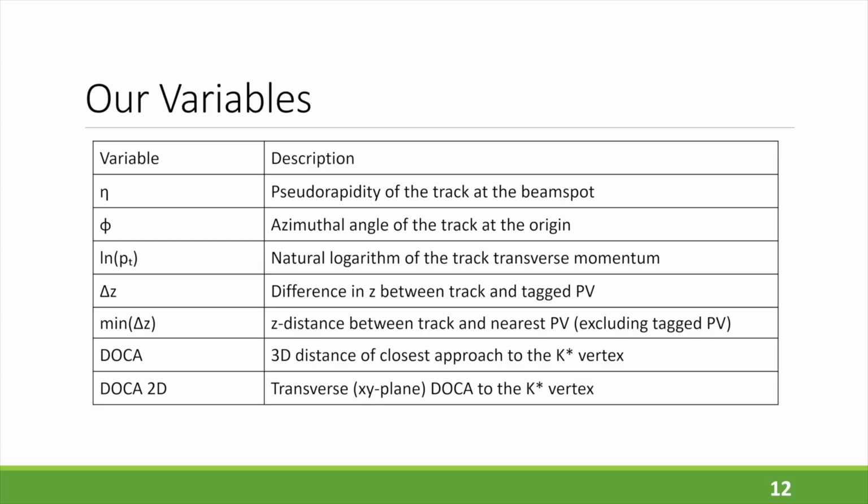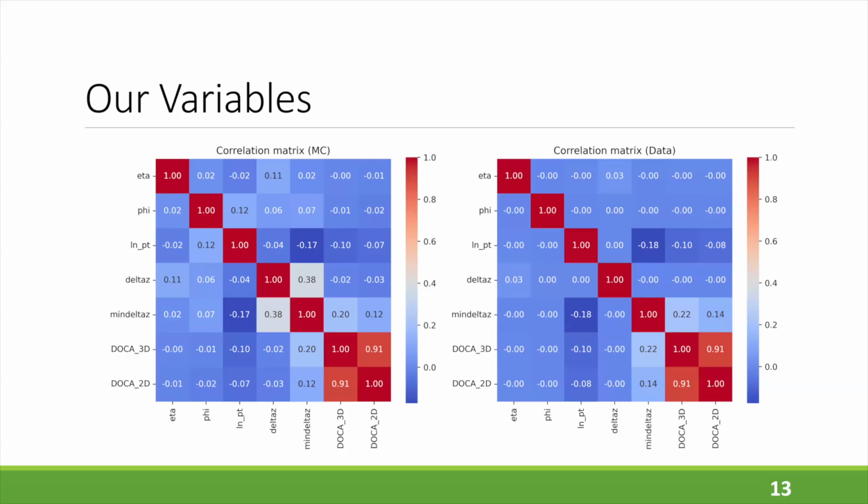So why did we choose these parameters? Because this set was used in a previous study. So we decided not to change the choice, but it was necessary to check the optimality of these parameters. We built a correlation matrix of these parameters, and we see that only DCA 3D is correlated with DCA 2D, and therefore only one of these quantities will actually be relevant for use in machine learning.